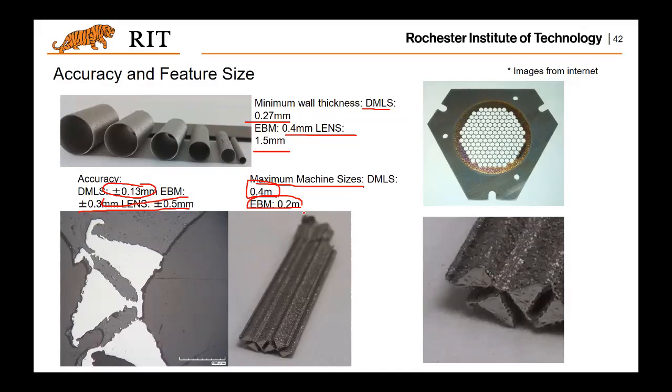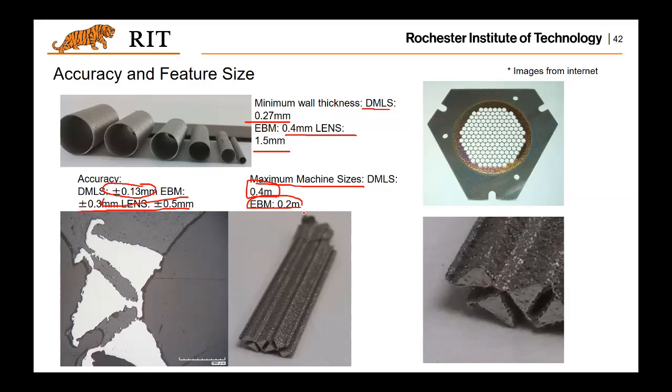So as you can see here, it seems DMLS can produce a larger part plus a higher accuracy and parts with smaller feature size. But the EBM has the advantage of the building speed.